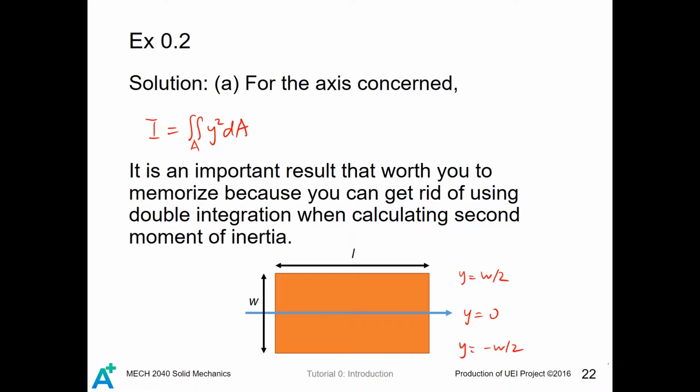So the integral will become, for x, with length L, and the width with the upper and lower limits w over 2 and minus w over 2, of y squared dy dx.